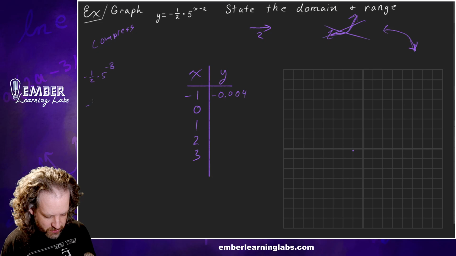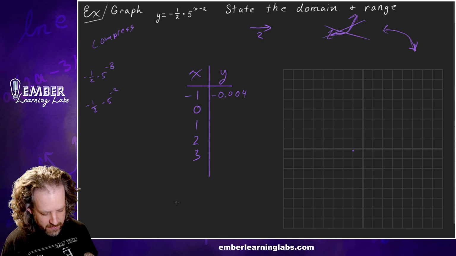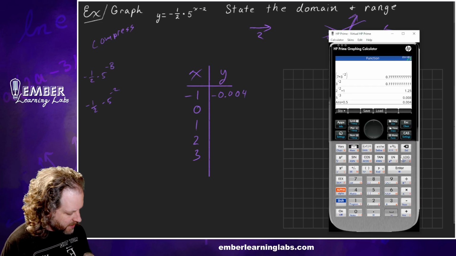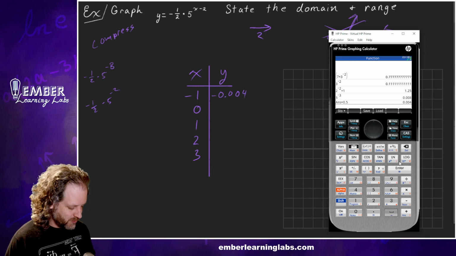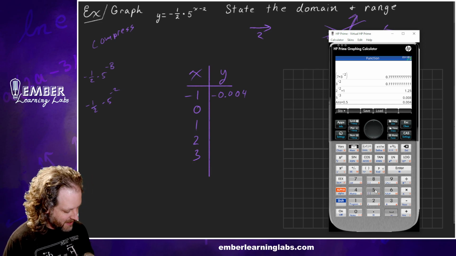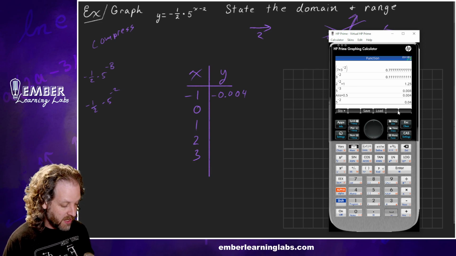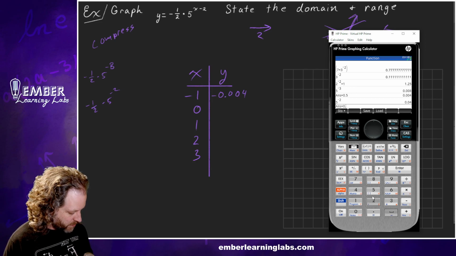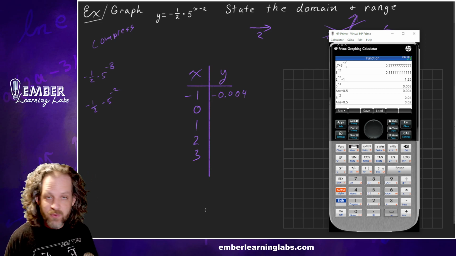Now I put a 0 in there. 0 minus 2, so -1/2 times 5 to the 0 minus 2, which is -2. So let's punch that in our calculator. It's going to be 1/25, but we'll prove it in here. 5 to the -2 equals 0.04, and then times 1/2, times 0.5 equals 0.02.